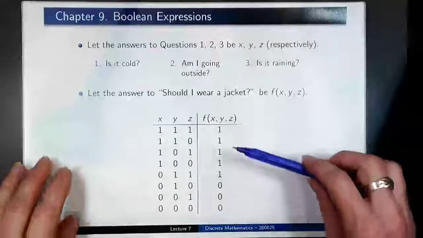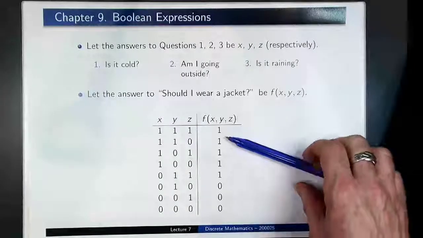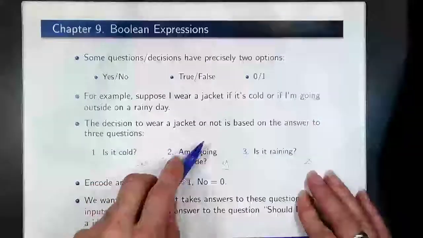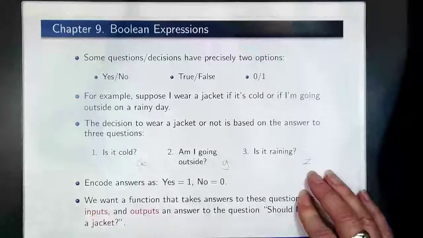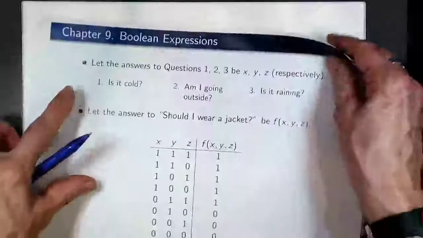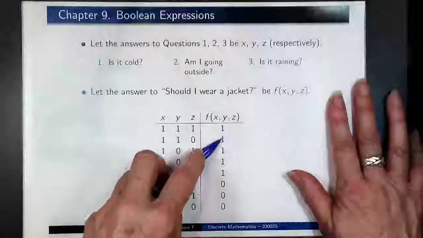Now, our function tells us whether I'm going to need the jacket or not. And we better go back and look at it. I wear a jacket if it's cold or if I'm going outside on a rainy day. So if it's cold, I'm going to wear a jacket.